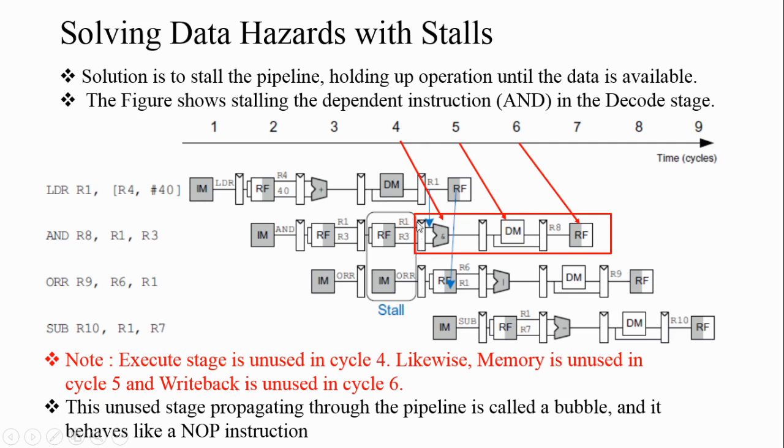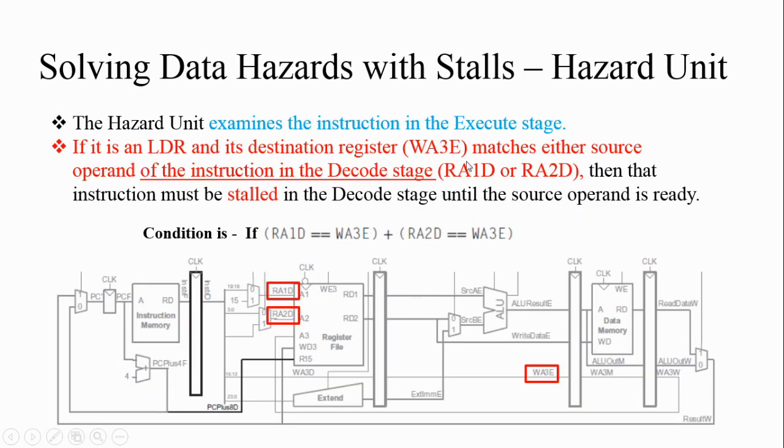This is the decode stage of the AND instruction, right? So if the result of LDR is used as a source operand by the next instruction in the decode stage, then the stalling will occur, right?